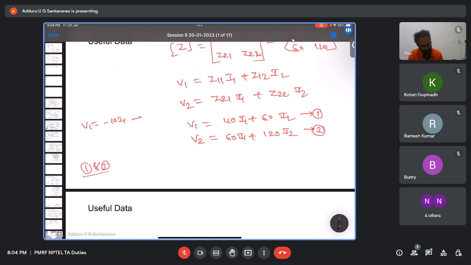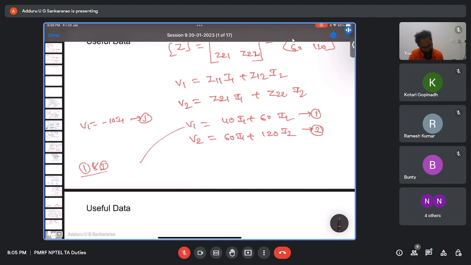So from equations 1 and 3, what can I get? V1 minus 10 I1 equals 40 I1 plus 60 I2.